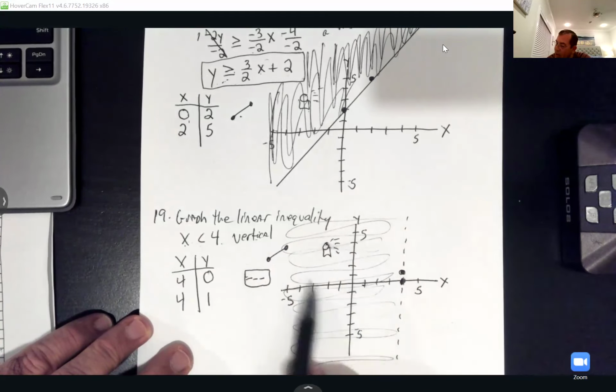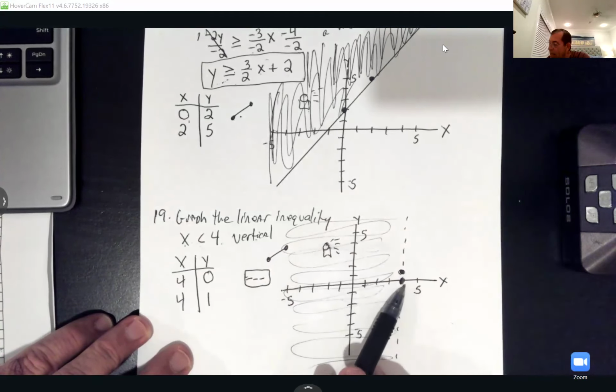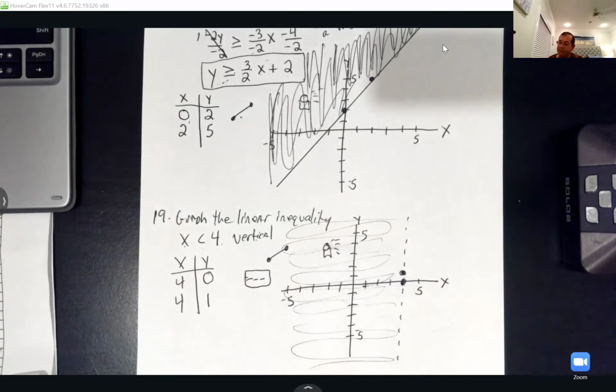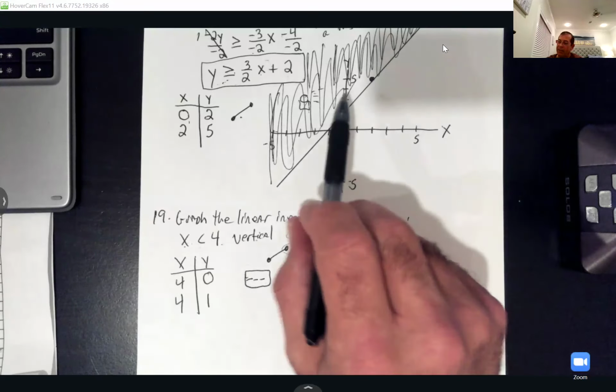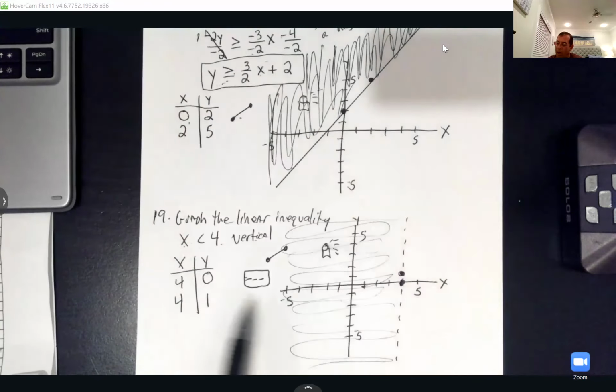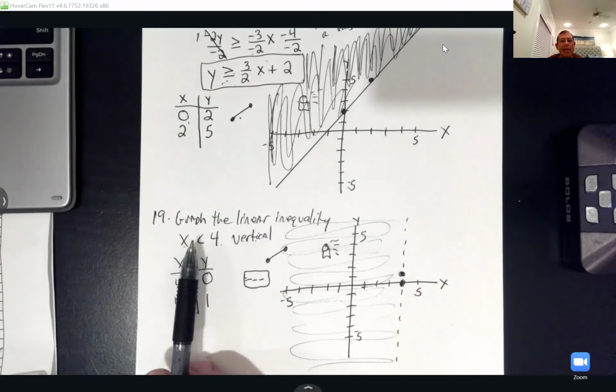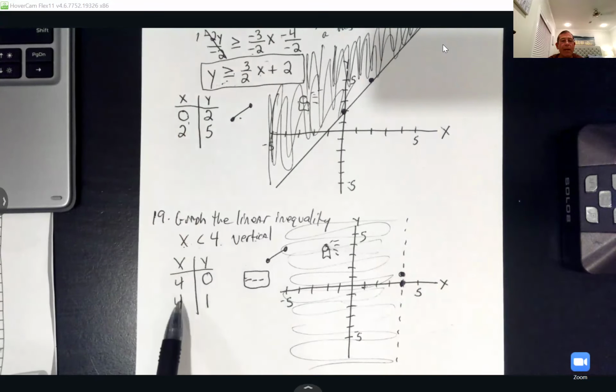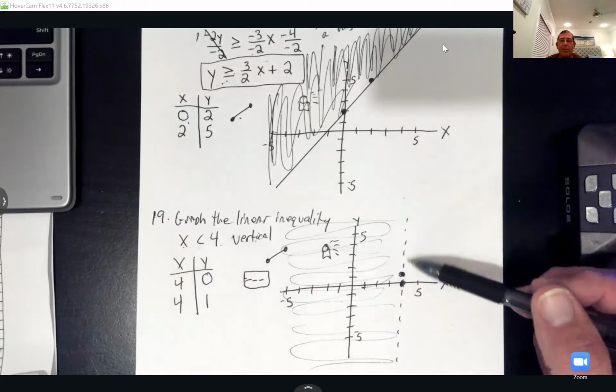So all these x values over here are less than that x value of 4, okay? All right, so this one we solved for the y. This one, since it's x less than 4, every x value on this line has to be a 4.